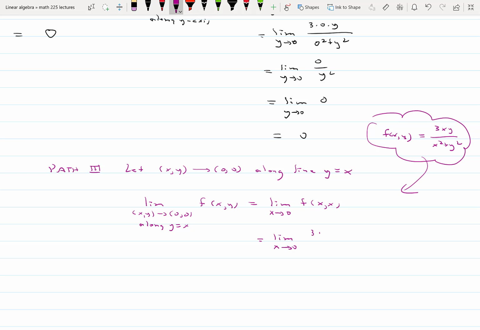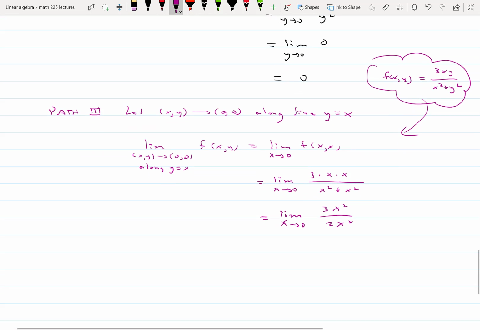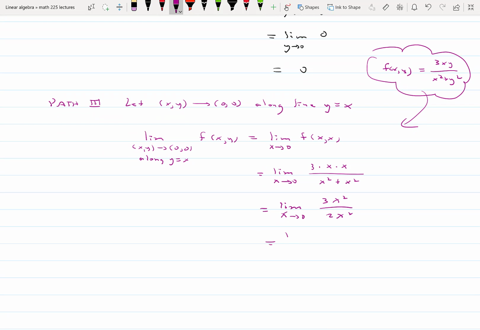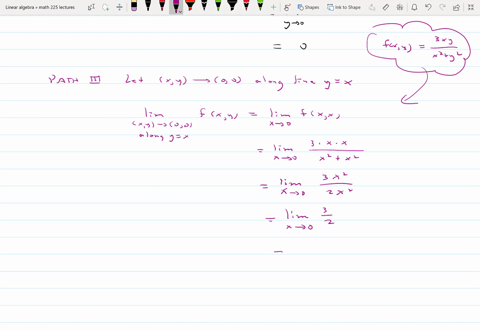So it's 3 times x times x over x squared plus, letting y equal x, x squared. Or the limit as x approaches 0 of 3x squared over 2x squared. And those x squareds cancel. You can cancel common factors as long as you're not letting any of those factors make a 0 in the denominator of the fraction. And x is never equaling 0, x is approaching 0.